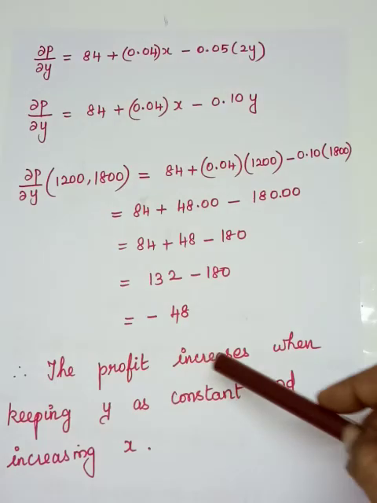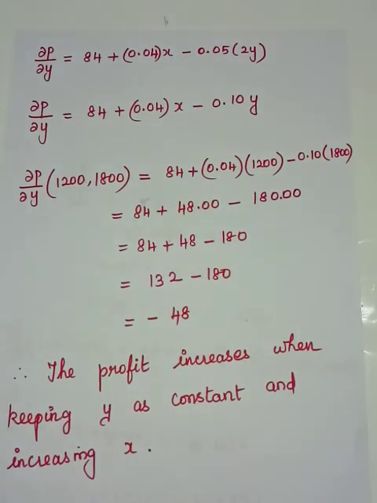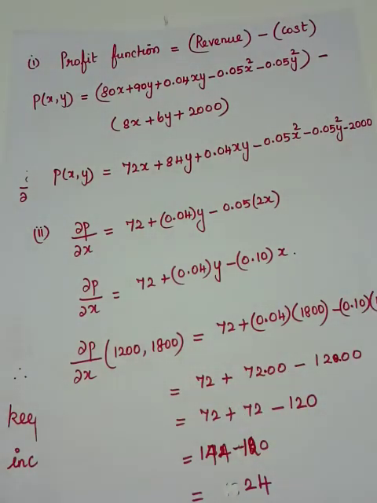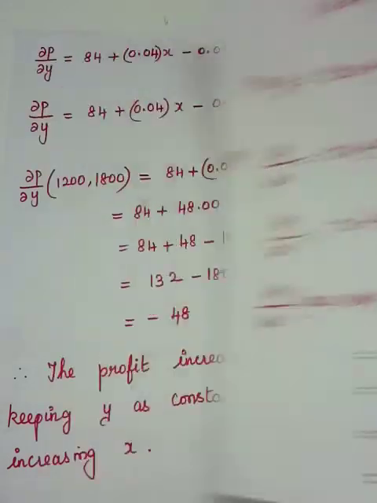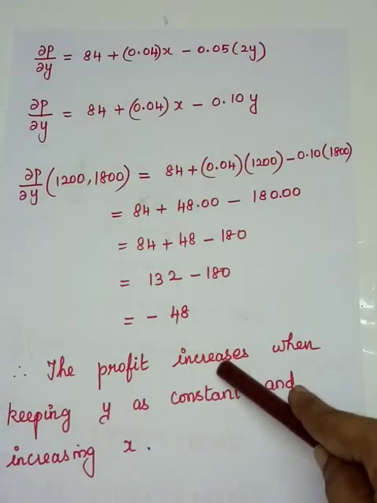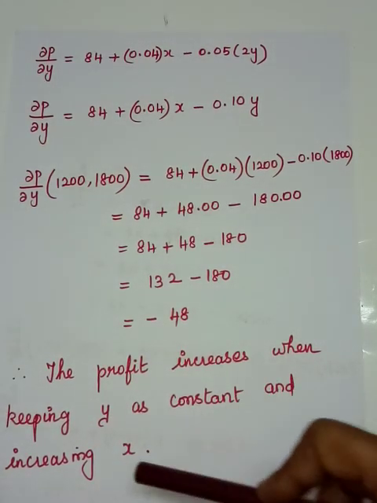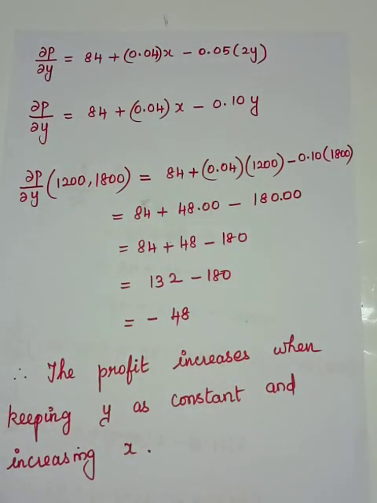So the profit increases when keeping y as constant and increasing x. So for dou p by dou x, we will treat y as a constant and we are differentiating with respect to x. So the interpretation of these two is nothing but the profit increases when keeping y as constant and increasing x. Okay, thank you students.